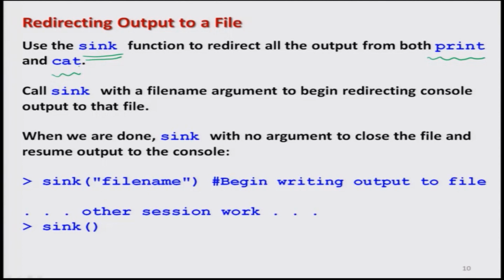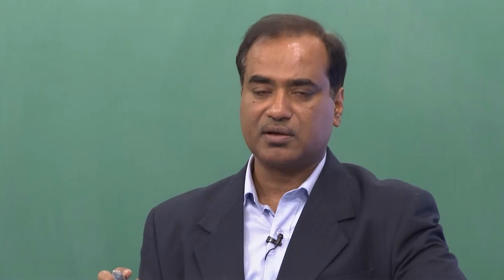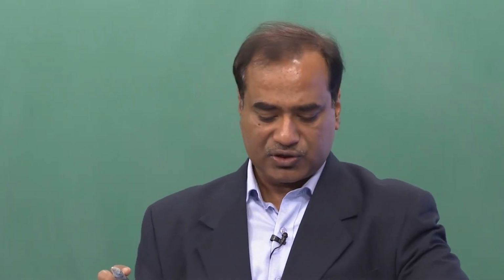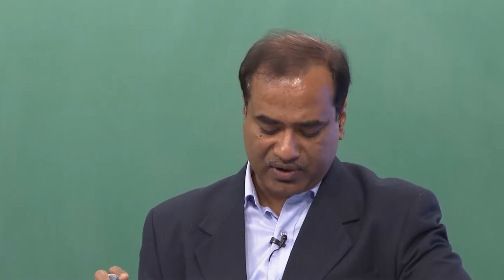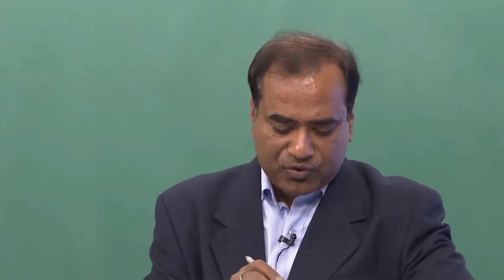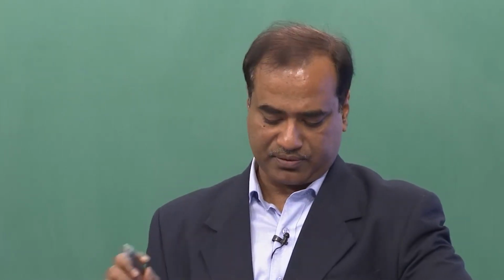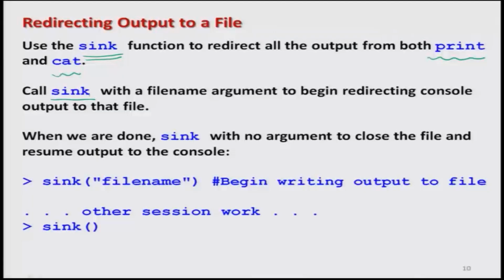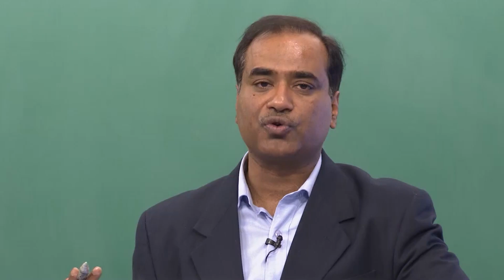So, now if I want to redirect the outcome of a cat, what we have to do first is call the sink function, and I have to inform R what is the name of the file in which the outcome is going to be stored.